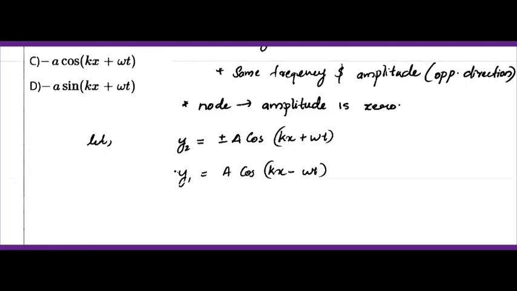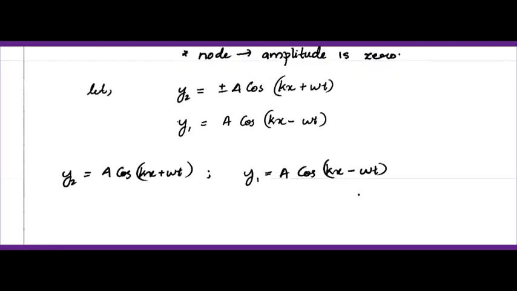In the first case, we are going to assume that the second wave, the other wave, is positive. That is, y2, which is given as plus or minus a cos(kx plus omega t), is positive, that is a cos(kx plus omega t). And our given wave y1 is a cos(kx minus omega t).